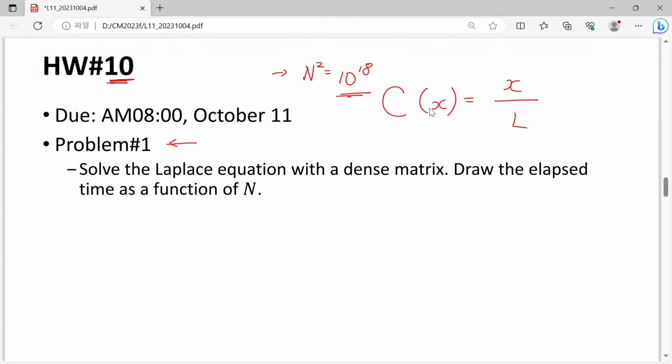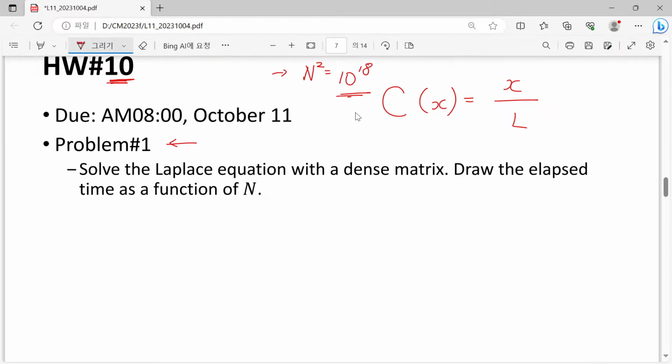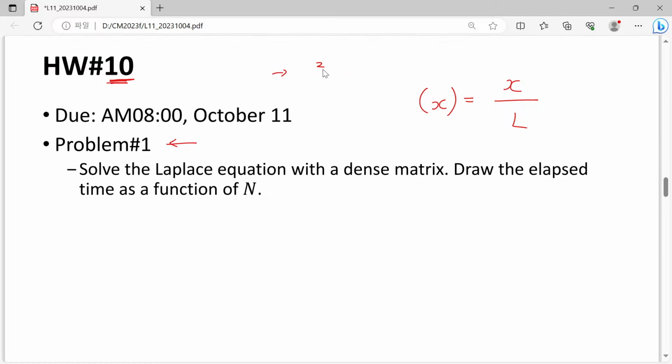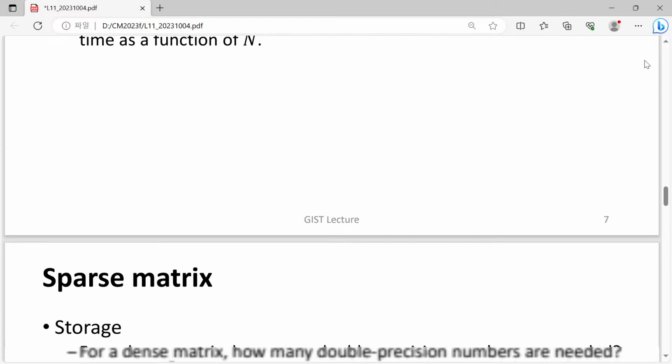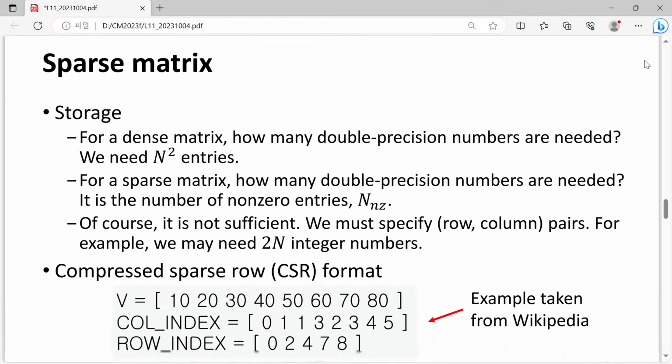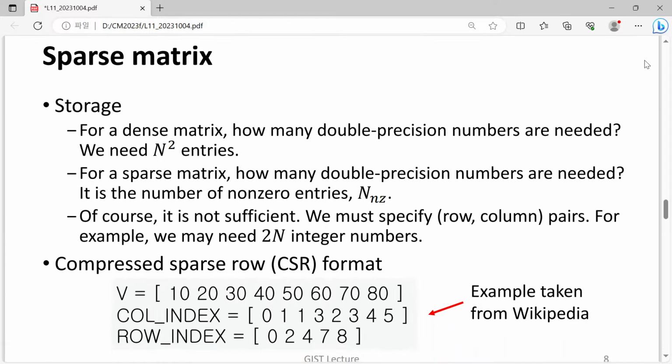So this homework is assigned to understand our current weakness. Our current scheme is not suitable for large systems like several 10,000 or larger numbers. Okay, and let's now go to sparse matrix.